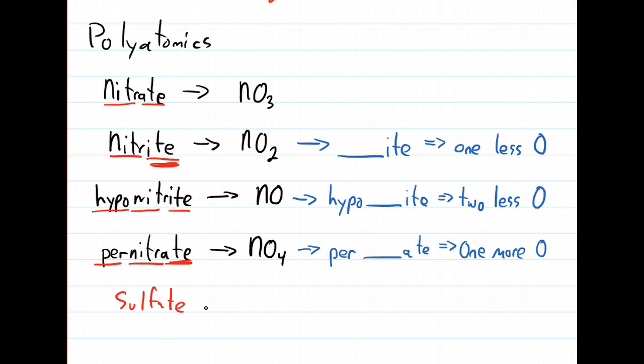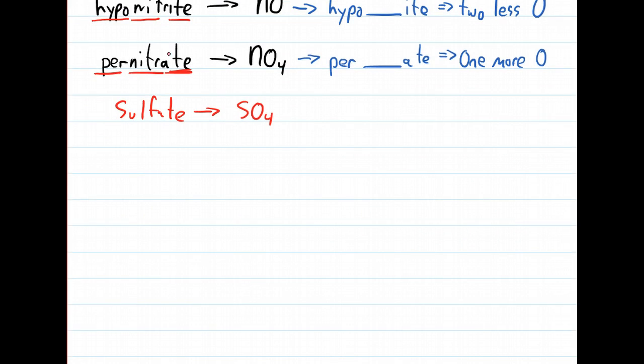Yeah. Sulfate is kind of the one exception. Sulfate is SO4. The rest of them, the ate refers to 3 oxygens. And I'm sure there's some others out there that have the same exception, but for the most part that we'll be working with, sulfate is the only one that has 4 oxygens. The rest of them are 3.